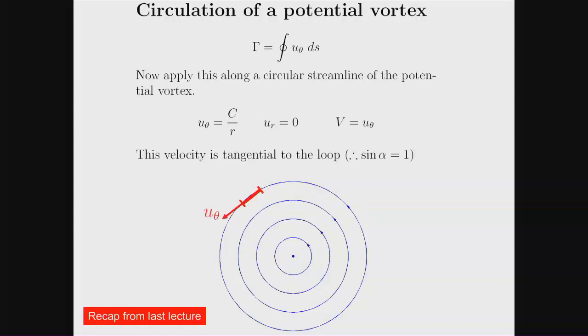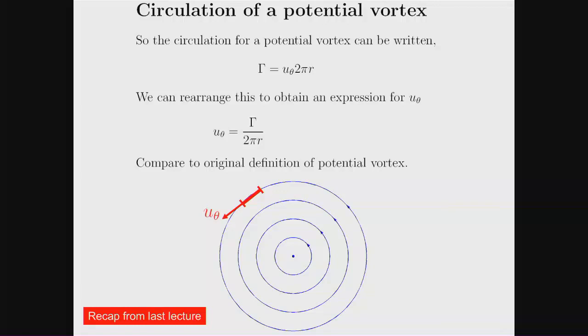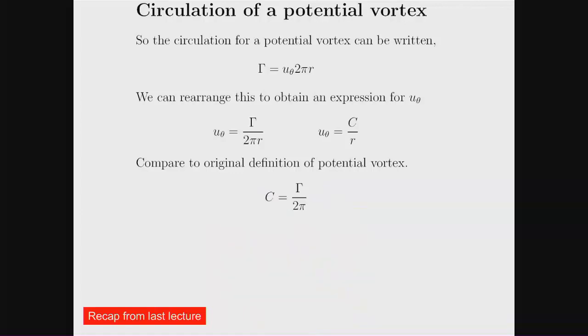So when we calculate the circulation for our potential vortex, it's just u theta times 2 pi r. If we rearrange this to obtain an expression for u theta, we can then compare it with our definition of a point vortex, which is c divided by r, and we get that our constant c is just gamma divided by 2 pi.